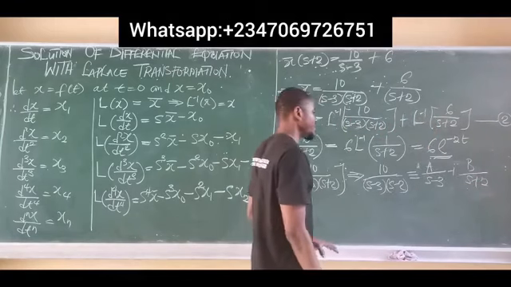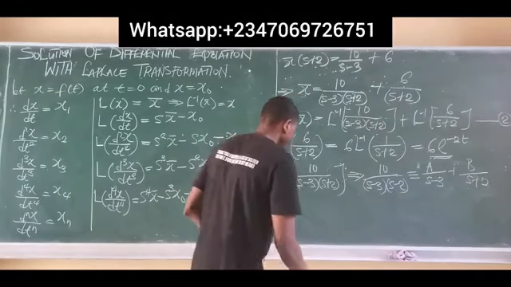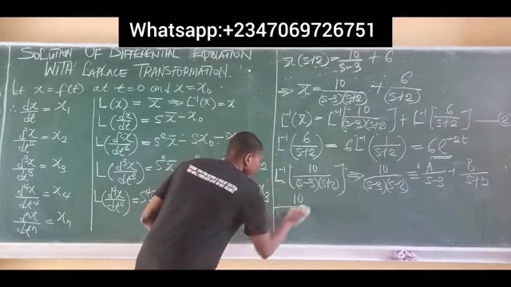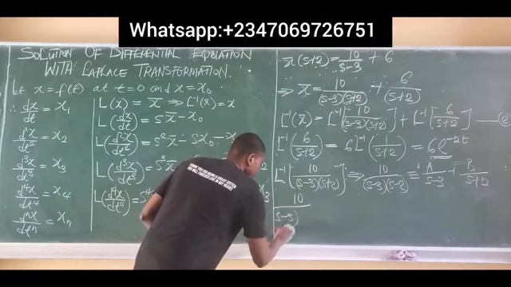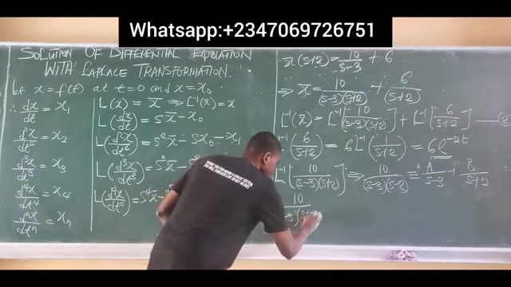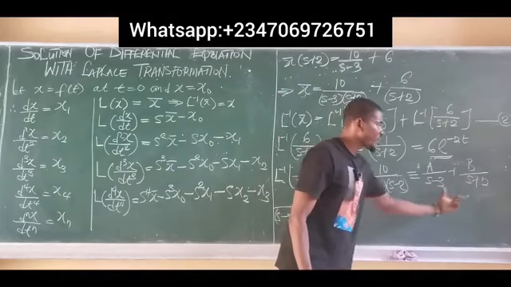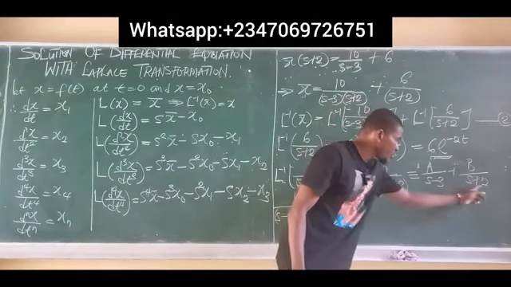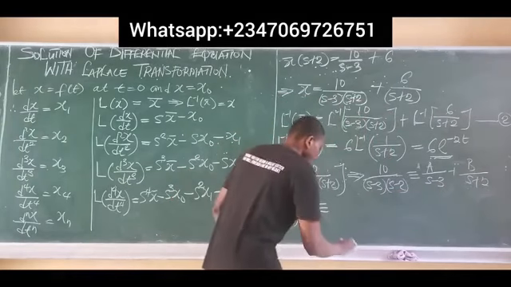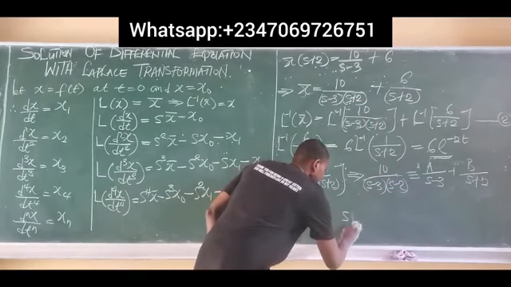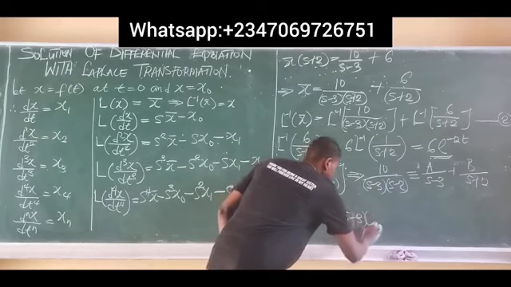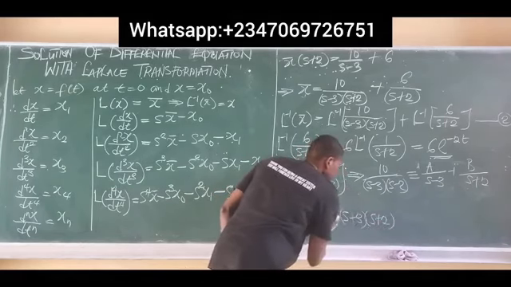All right, so you have something like this. Hence, 10 over s minus 3 times s plus 2 is now equivalent to the LCM of the right hand side. The LCM is the multiple of the denominators, so you still have s minus 3 times s plus 2 as the LCM.